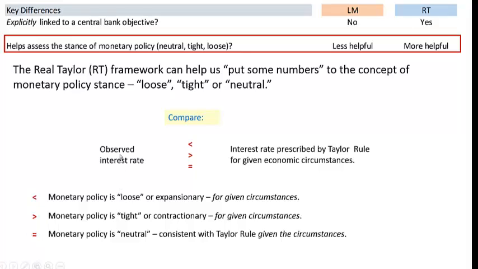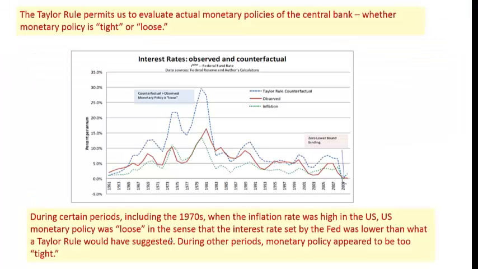But if the observed interest rate is equal to the interest rate prescribed by the Taylor rule, then we would say that the monetary policy is neutral. It is consistent with the Taylor rule given the economic circumstances. So the Taylor rule is better suited than the LM curve to evaluate monetary policies of the central bank, whether monetary policies are tight or loose.